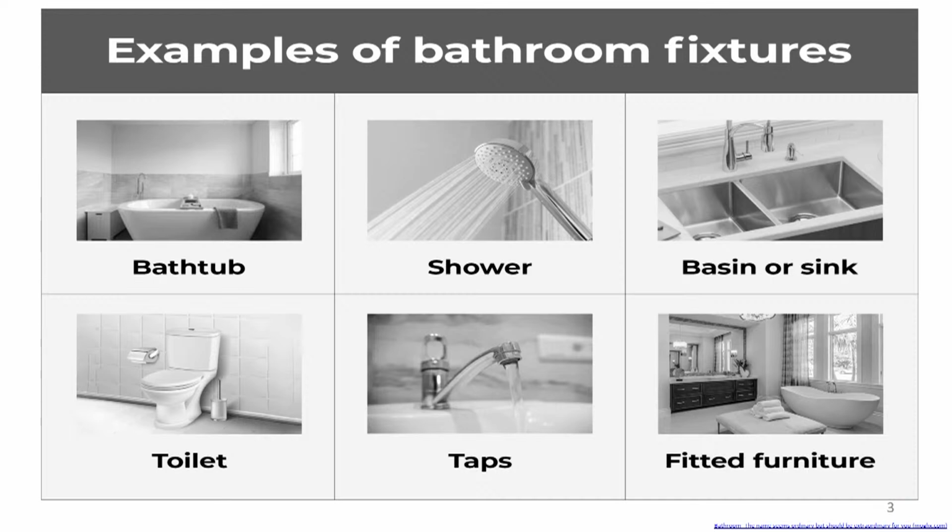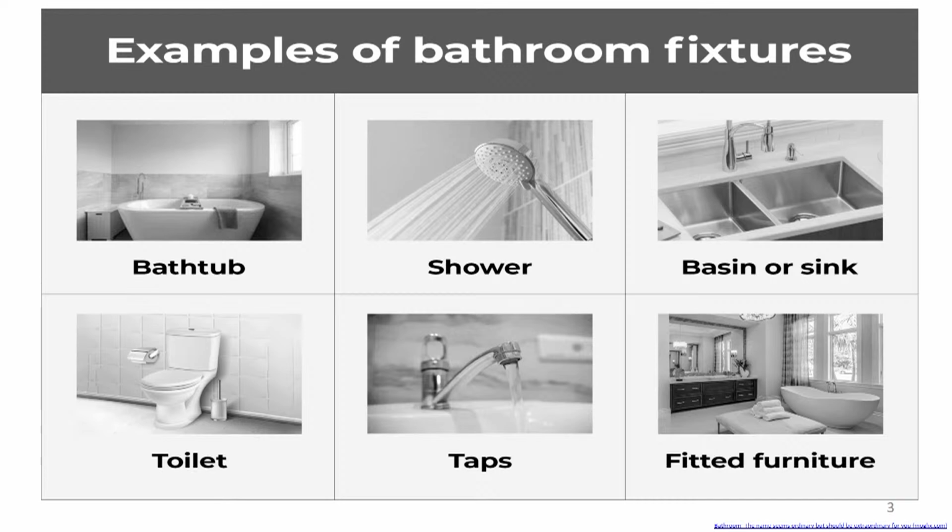As you see in the figure, bathtub, shower, basin or sink, toilet, taps, or different furniture, they are fixtures, and the component or any item which you use to fix them on the wall, just like different types of screws or other items used to fix them, they are called fittings. The items which are used for fitting the fixture are called the fittings.